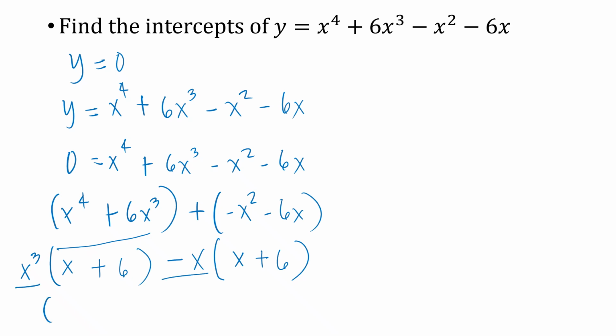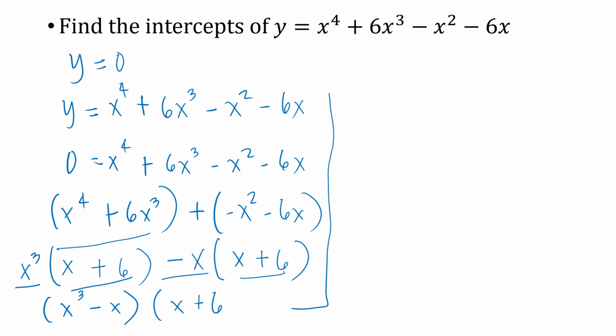Then after that, we're going to combine the x cubed here and negative x. So we have x cubed minus x. Then we're going to write only one x plus 6 because that's their common factor. So x plus 6. Then after, we all know that x cubed minus x can still be factored.